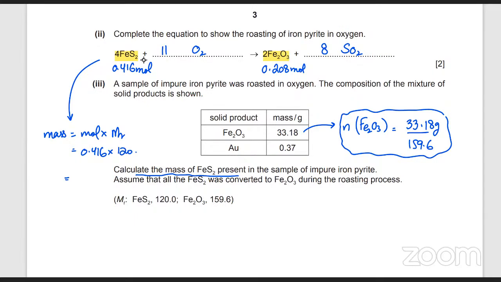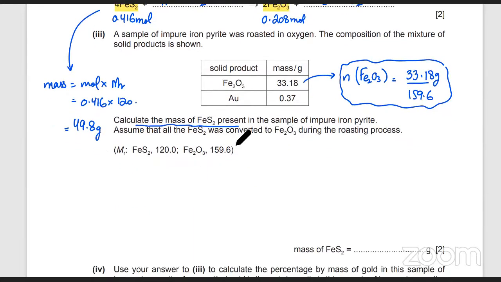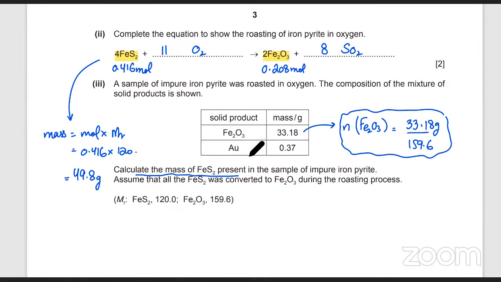So what's the mass we're getting? 49.8 grams. And I think that was the whole question. Don't know why gold was given, but you just had to calculate the mass of FeS2.